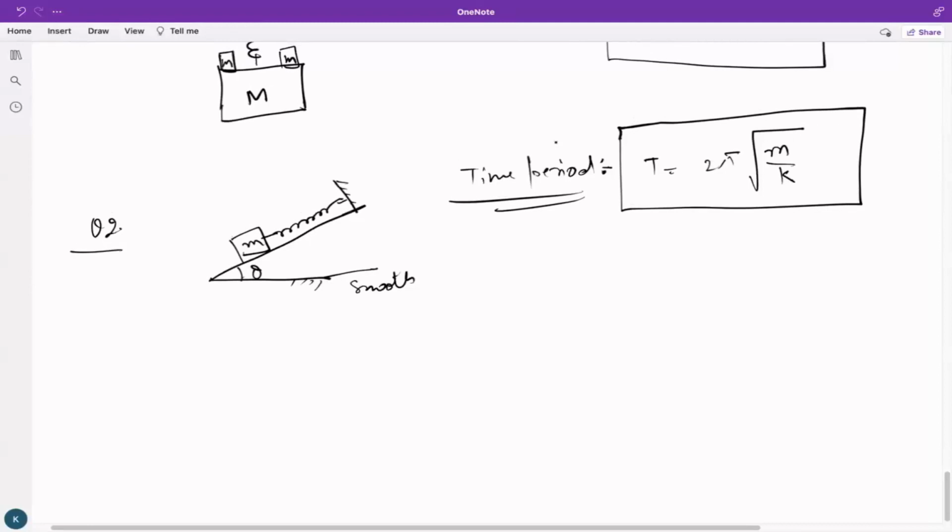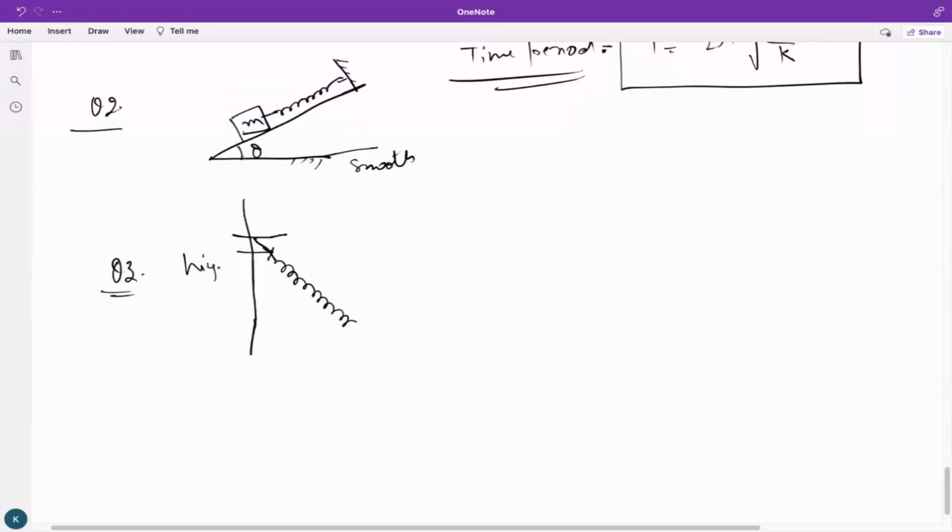Now let's discuss some more problems based on it. So let me take the third question. It will be something like this form. Here it is hinged, and there is a mass m, and there is another mass m, and somehow it is balanced for just a second, and you have to find its time period.